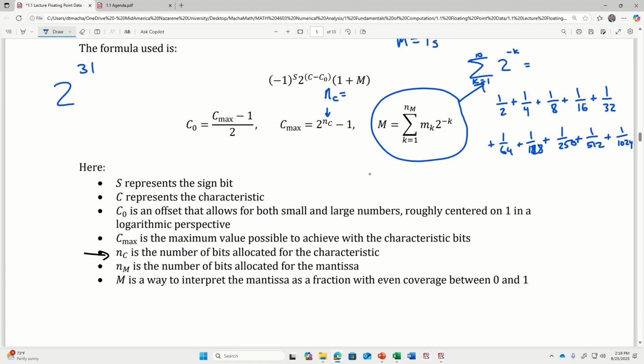So 5 characteristic bits. 2 to the 5th power is 32. 32 minus 1 is 31. 31 minus 1 is 30, divided by 2 is 15. Times 1 plus the value of that mantissa.